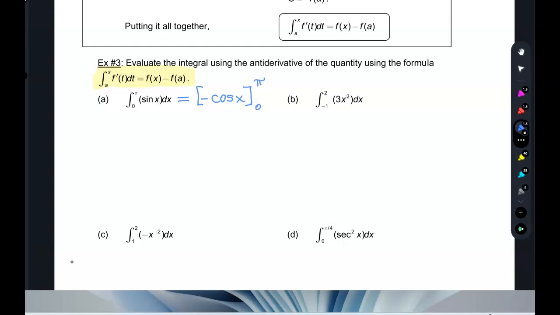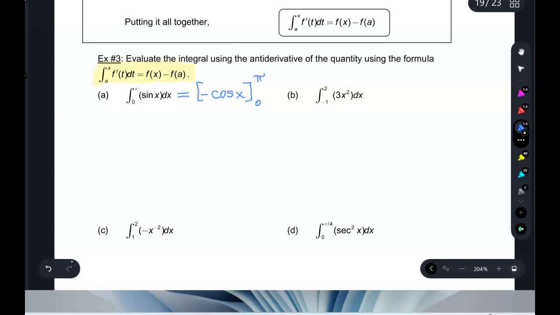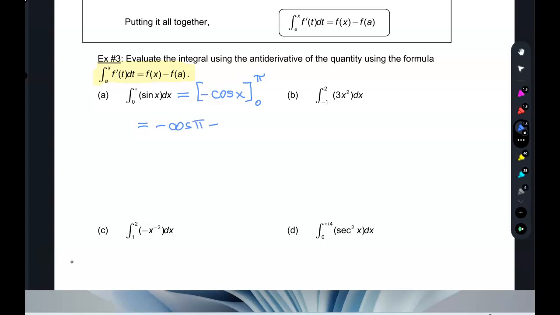Now, you could have gone negative cosine of pi minus negative cosine of 0. You could have jumped right to that. But I like to just show this is our f of x, this is our original. So now we're going to plug in negative cosine of pi minus negative cosine of 0.